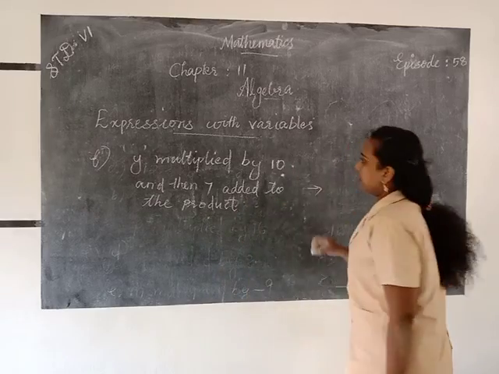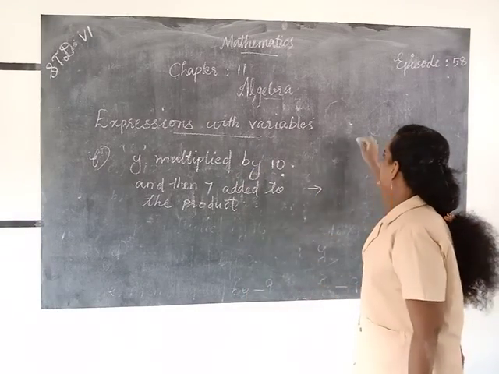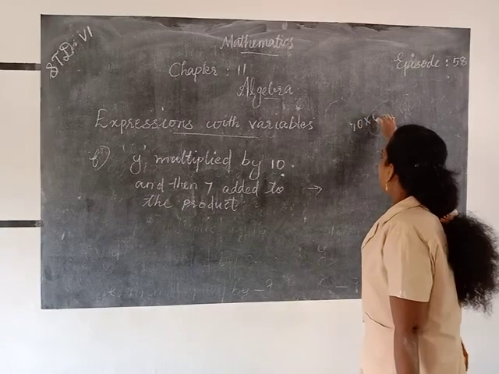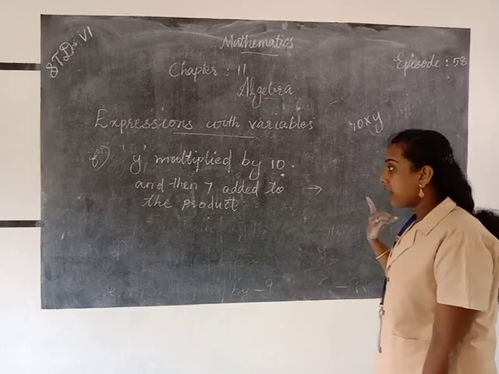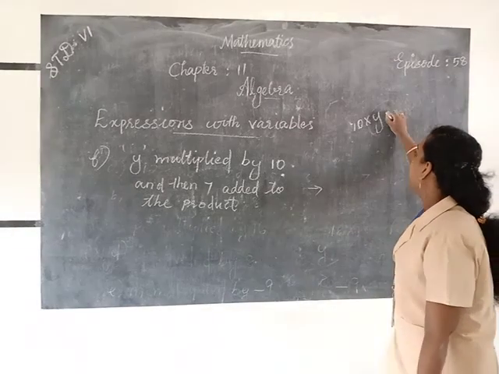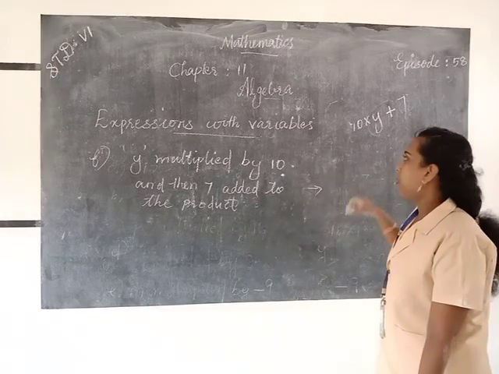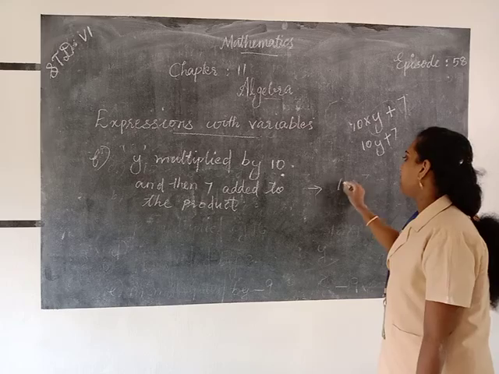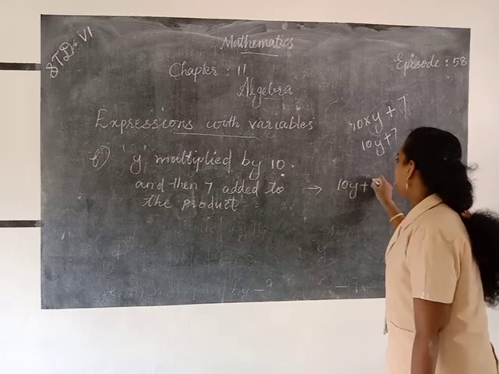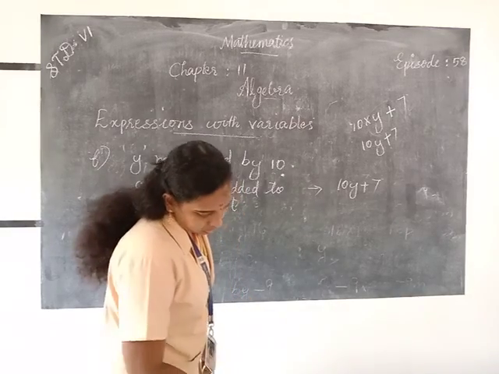So here first Y is multiplied by 10, which means 10 into Y. Then 7 is added to the product, so plus 7. That is 10 into Y, 10Y plus 7. So the expression is 10Y plus 7. Then the next one.